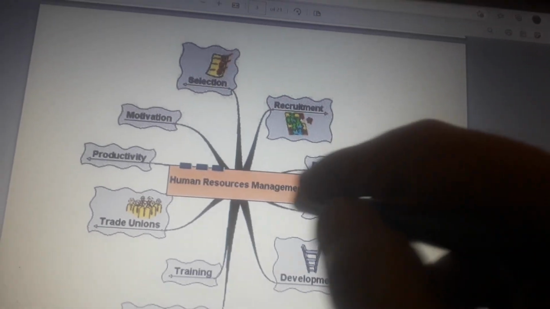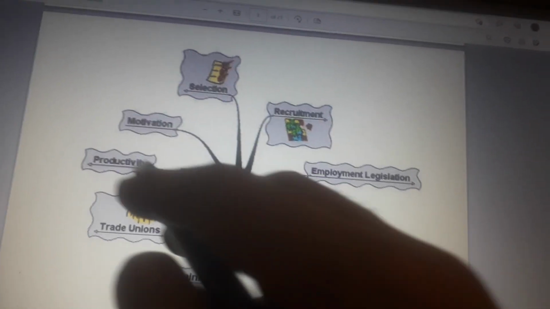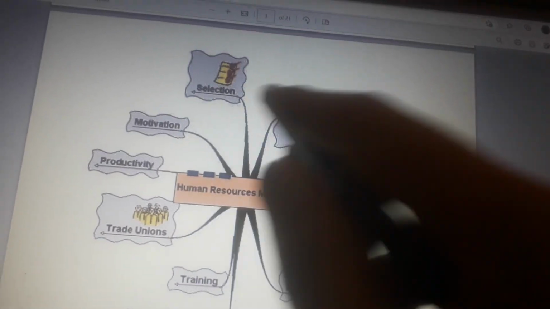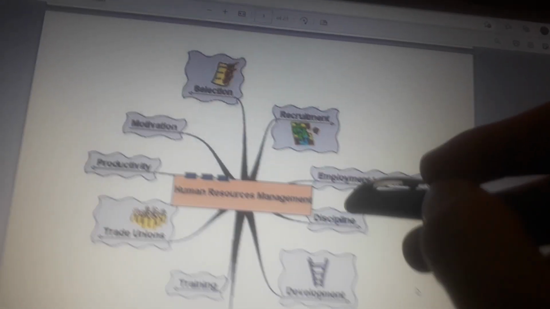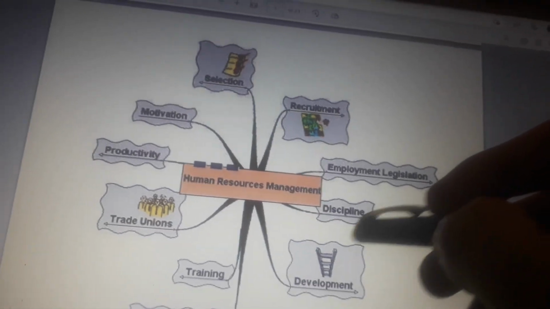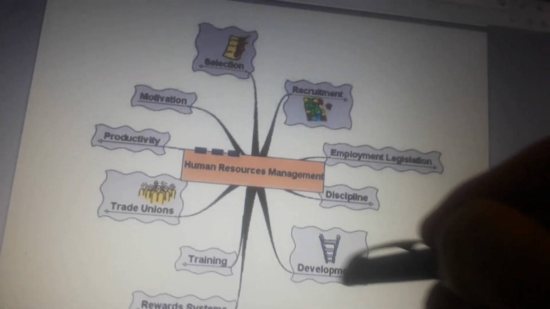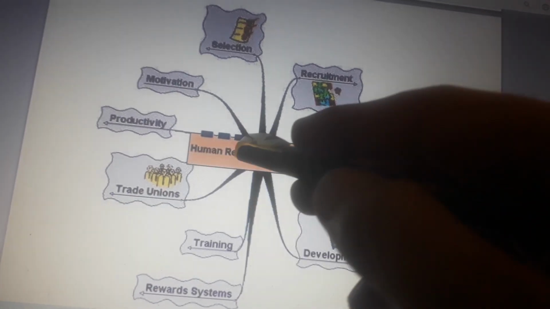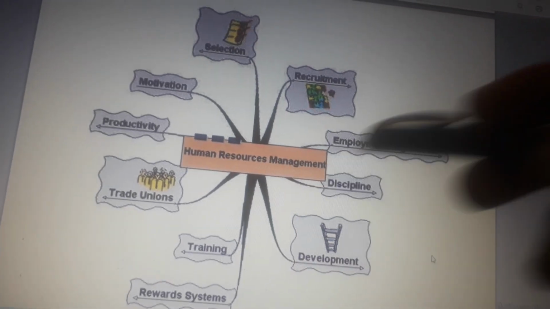Human resources management, trade unions, productivity, motivation, selection, recruitment, employment legislation, discipline, development, reward systems, training, trade unions. This is what comes under human resource management.